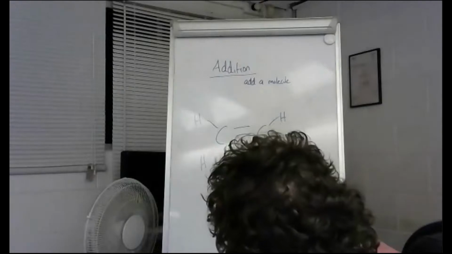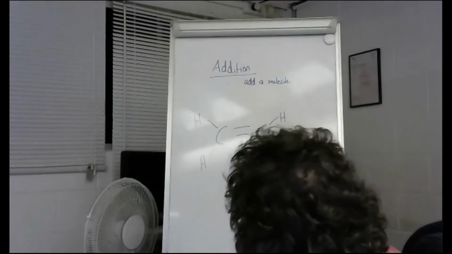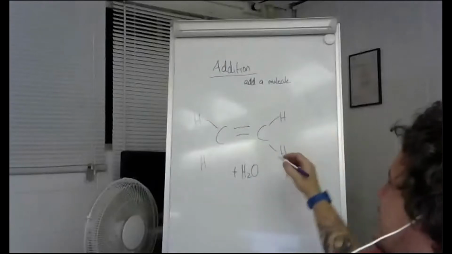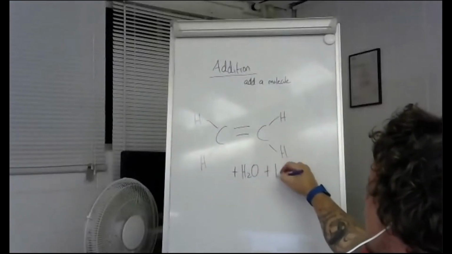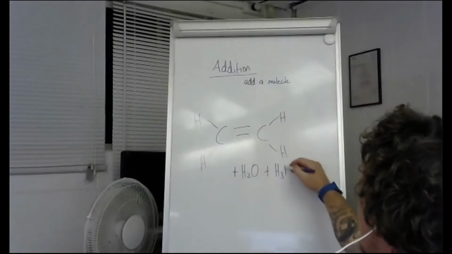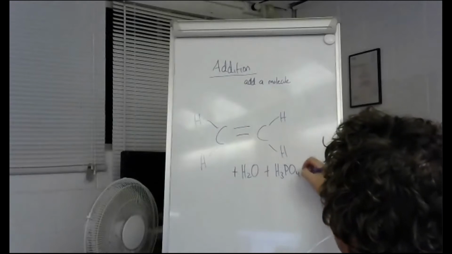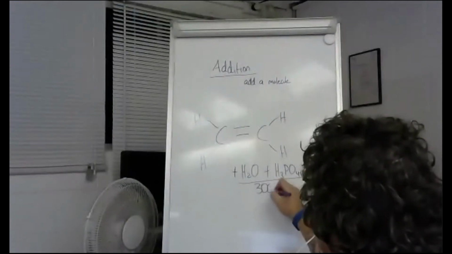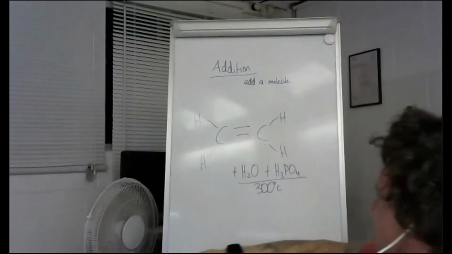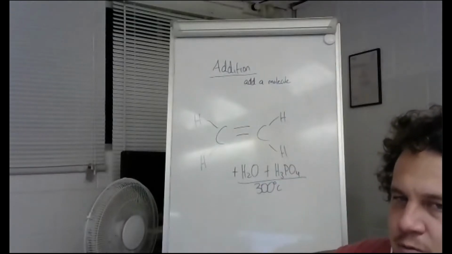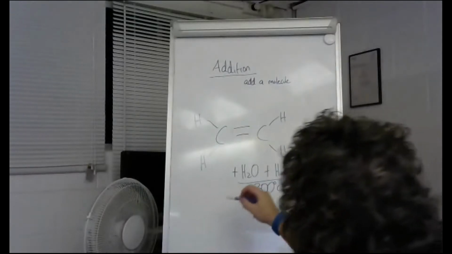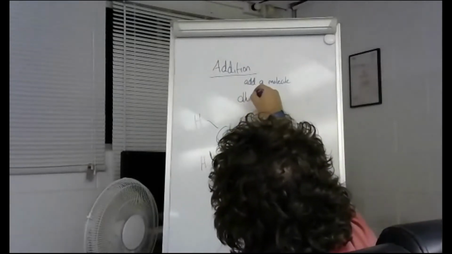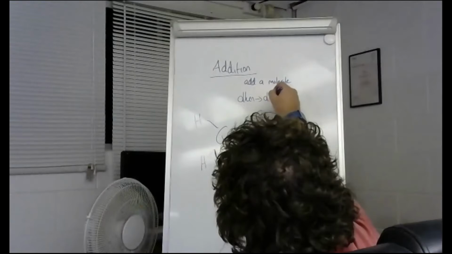If we take an alkene, we add water, we add hydrogen phosphate, and we heat it to 300 degrees Celsius. We can go from an alkene to an alcohol.